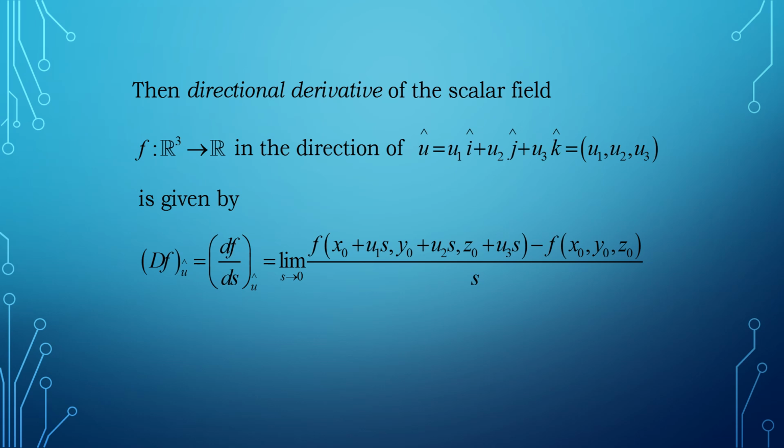The directional derivative of our scalar field f, which maps R3 to R, in the direction of the given vector u cap equals u1 i cap plus u2 j cap plus u3 k cap, is given by the formula df at u cap equals df by ds at u cap equals limit s tends to 0 of f of x naught plus u1s comma y naught plus u2s comma z naught plus u3s minus f of x naught comma y naught comma z naught, upon s.